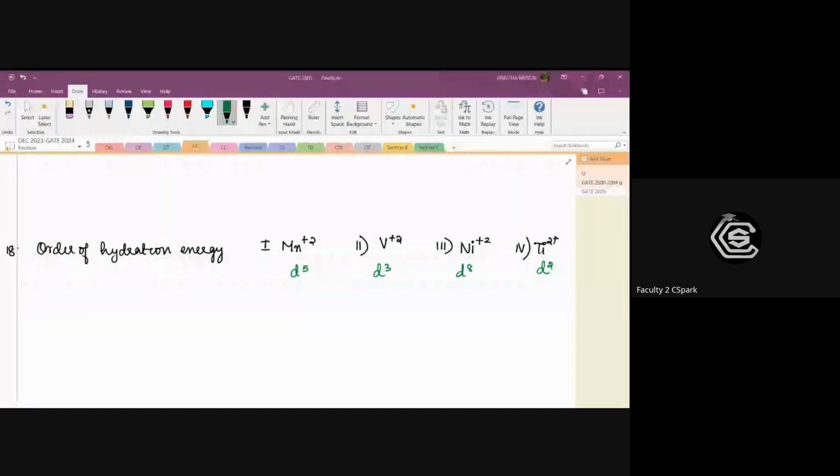So it is not just the CFSE which comes into play while calculating the hydration energy. Hydration energy is the amount of energy which is released when 1 mole of the ion is dissolved in a large amount of water. So it is not only dependent on CFSE, it is dependent on the size and the stability.